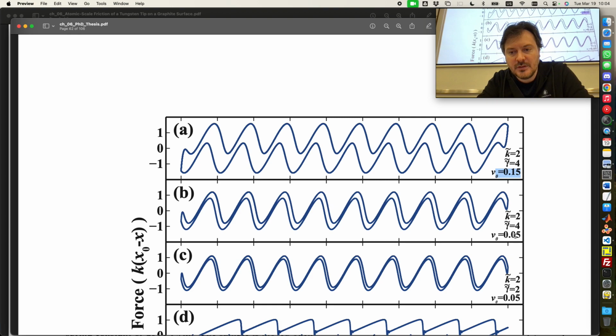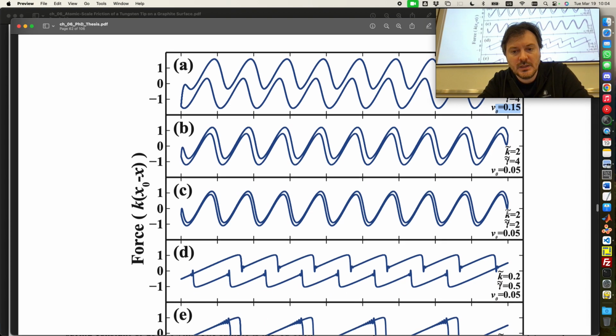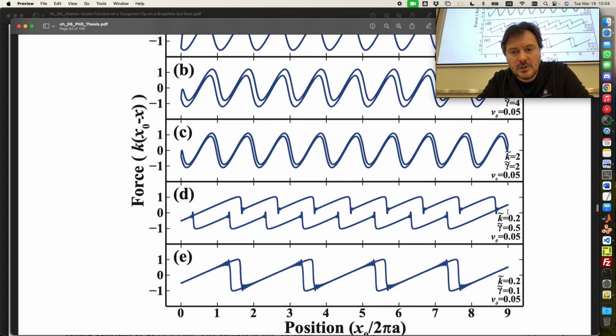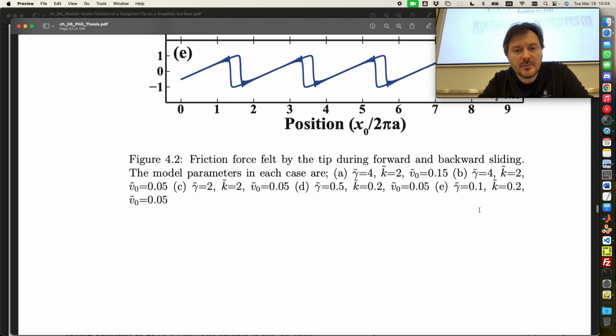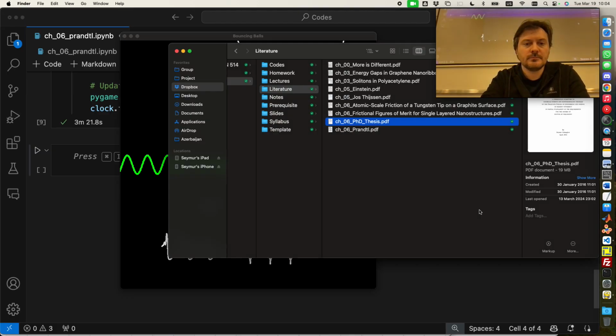If you decrease the velocity, same parameters, the area shrinks. While, for example, here, what happened here? So it depends on many things.